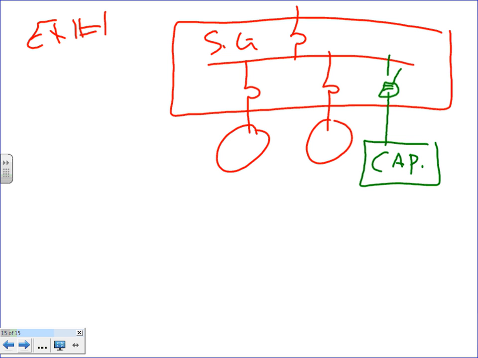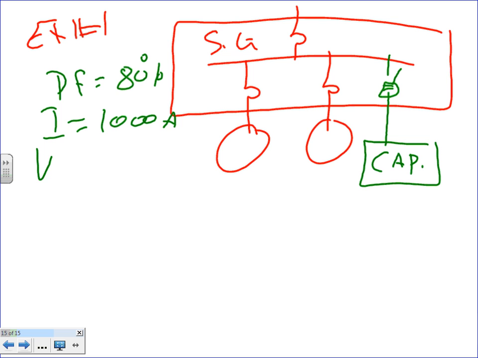Here's what we know about this system. The power factor of this system is 80%. Bad news, 80%. The current of this system is 1,000 amps. The voltage of this system is 480 volts. Okay, 1,000 amps, 480.